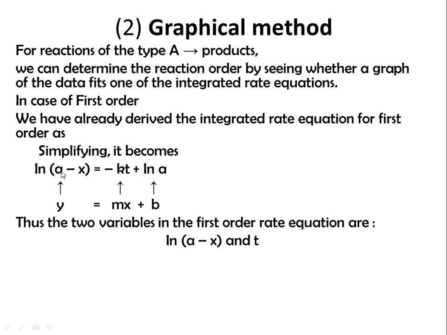Here these values represent the y-axis. This is the mx and this is the c, that is the y-intercept. The integration of a represents the y-intercept. The slope of the graph, the curve obtained, represents k, but here we should get a straight line graph. Then only we say that this reaction follows first order.